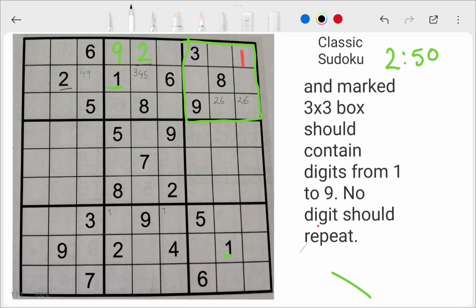Now 4, 5 and 7. Here we got the 4, 5 and 7 triplet. Let's write all the candidates in this box: 4, 5 and 7.